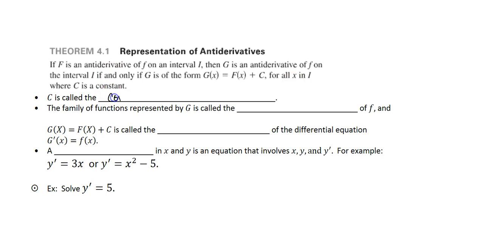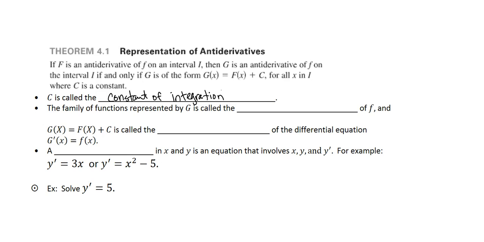Now c is called the constant of integration. Sounds like a very epic name. The constant of integration. And it is always represented by a capital C. So if you're entering answers in WebAssign and you put a lowercase c, you probably will get the answer wrong. It is a capital C.